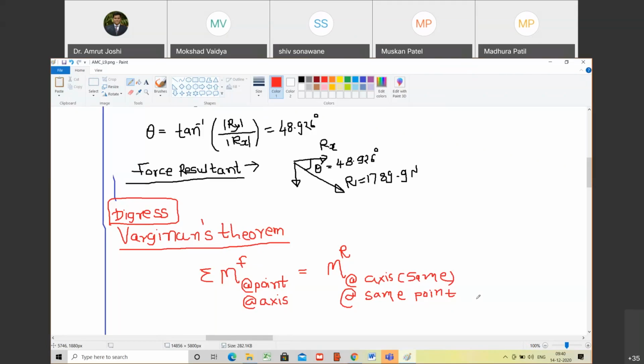Varignon's theorem: the algebraic sum of moments of all the forces acting on a body about an axis passing through a point under consideration, that point may lie on the body or off the body, must be equal to the moment of the resultant of all those forces about the same axis passing through the same point under consideration. Are you with me? Yes, sir.